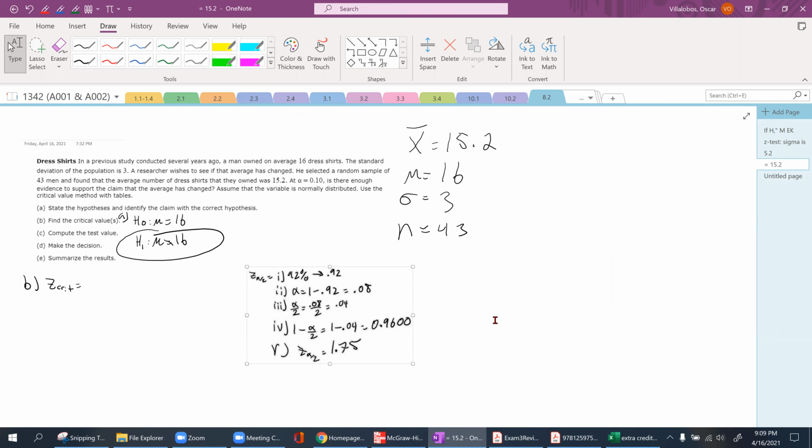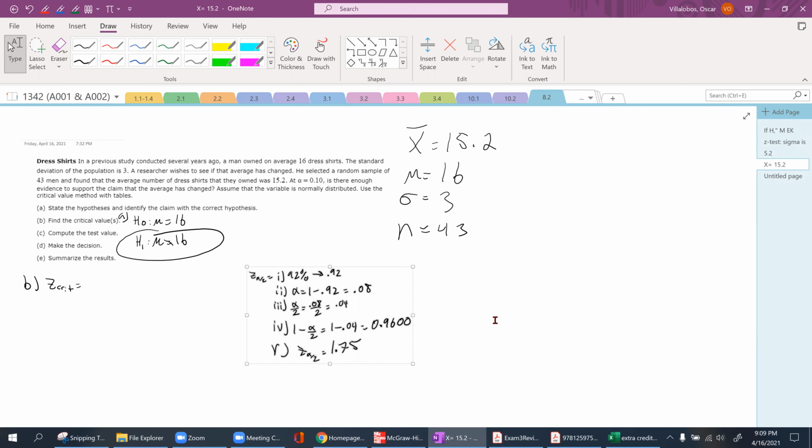Remember these steps. Whenever we were dealing with Z alpha over 2, if you were given a percentage, you would follow these 5 procedures. Since your alpha was already given, we skipped step 1 and step 2, meaning you go straight to 3, 4, and 5.